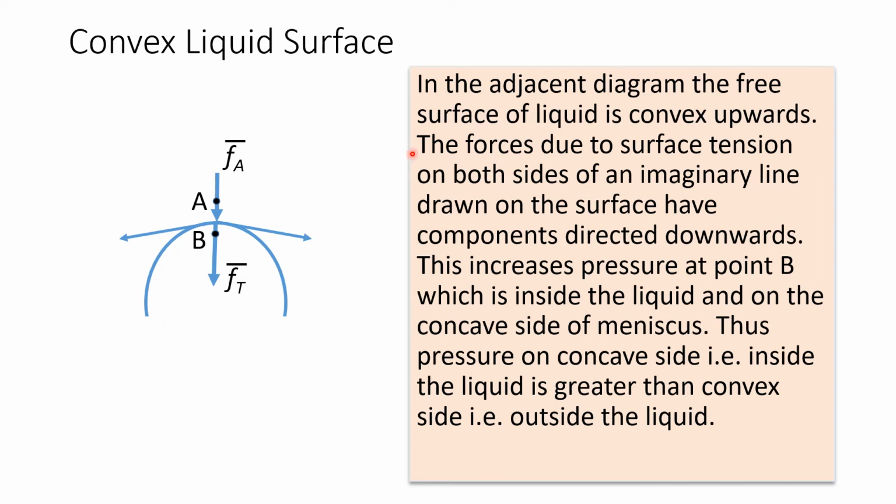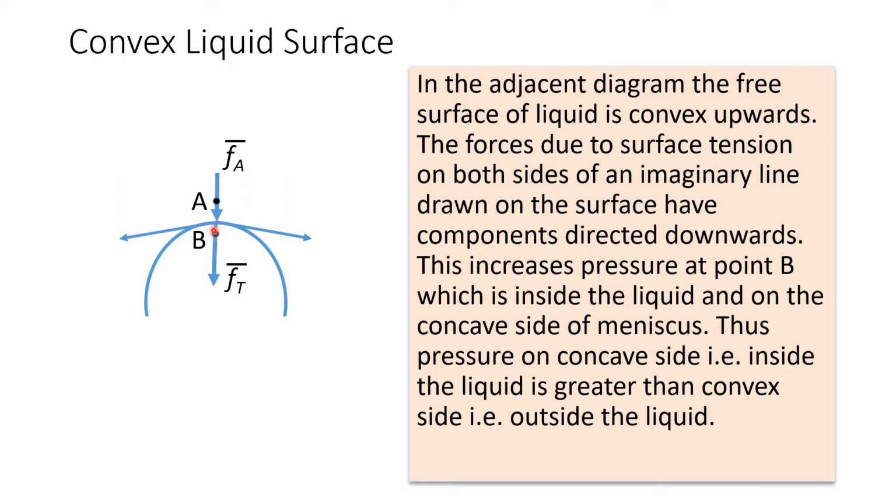Let us consider now the convex liquid surface. In the adjacent diagram, the free surface of the liquid is convex upwards. The forces due to surface tension on both sides of an imaginary line drawn on the surface have components directed in the downward direction. In the present diagram, the Ft bar is not resolved.